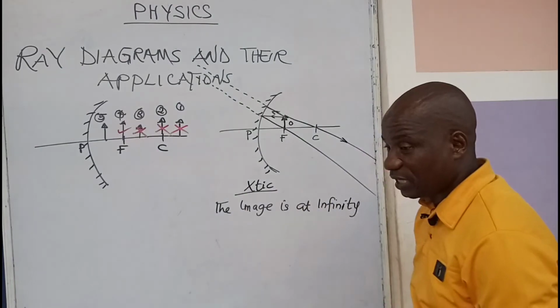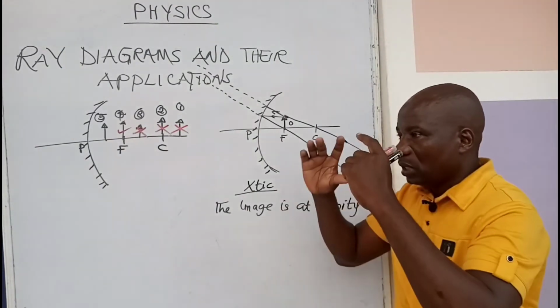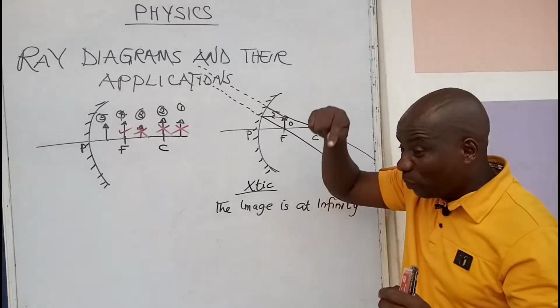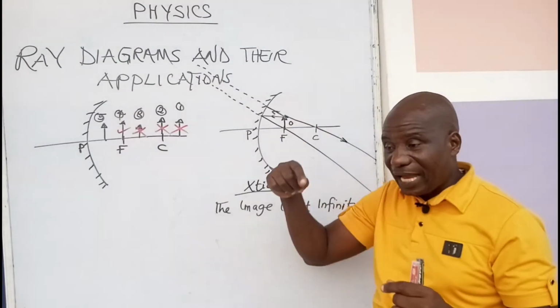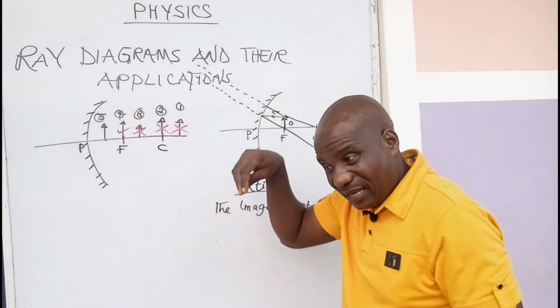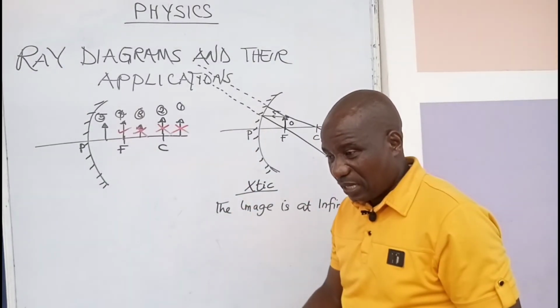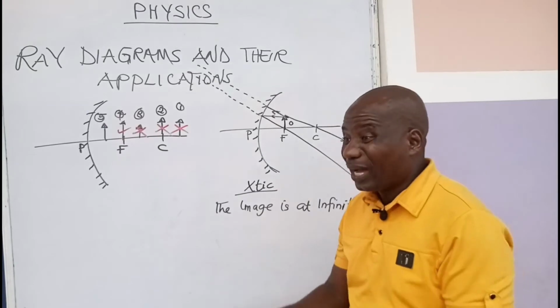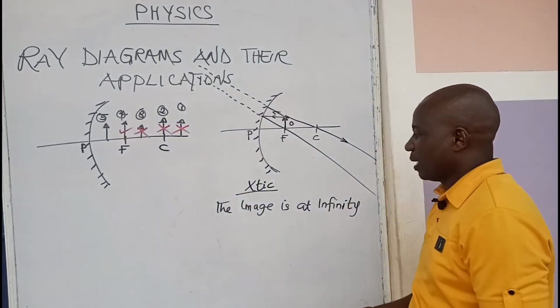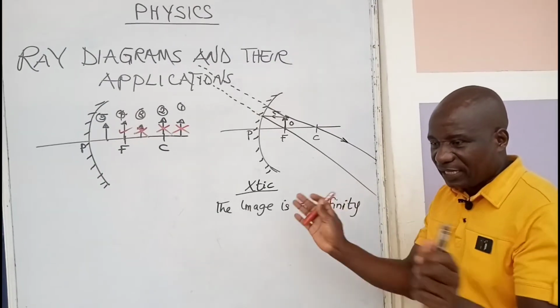That is why they will say, oh, I cannot see anything. It means the object is standing at the principal focus of that lens or mirror. So it means the image is at infinity. That is the only characteristic.